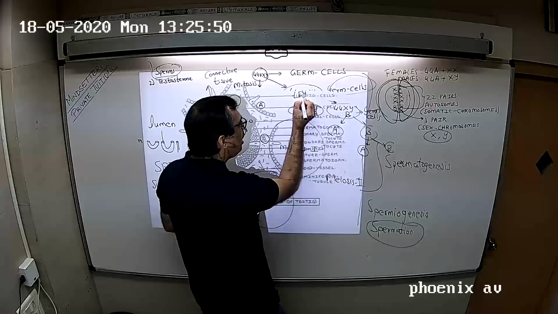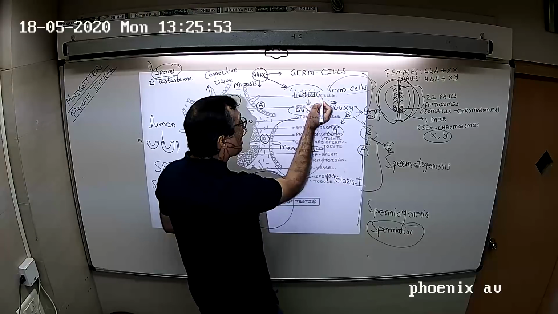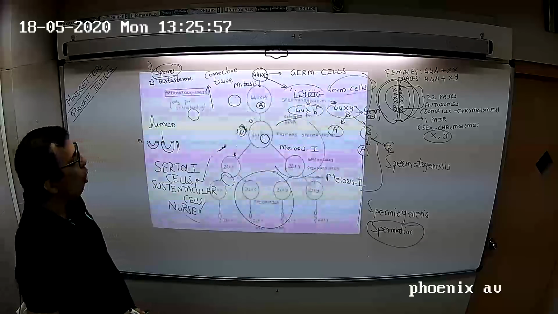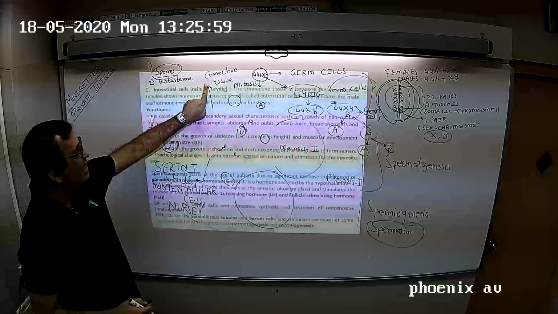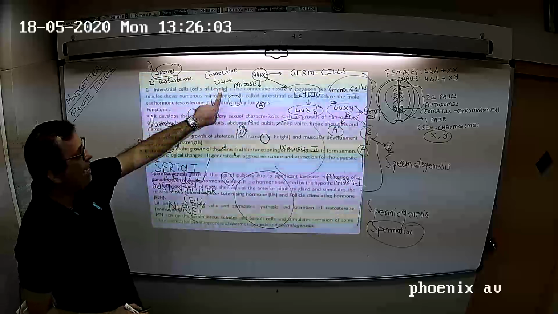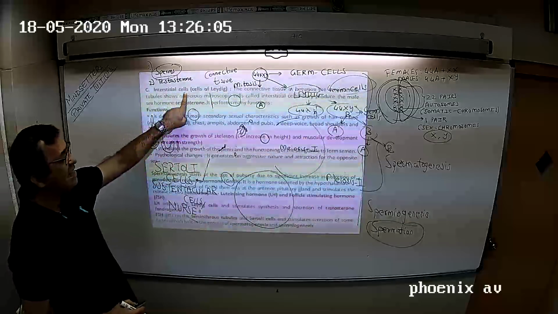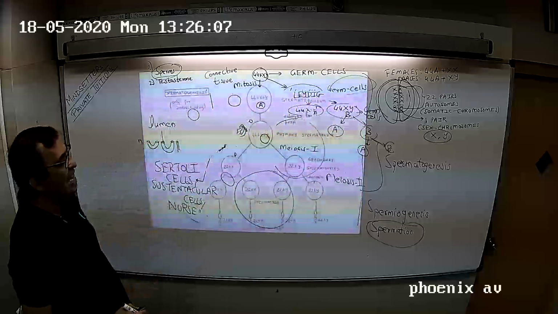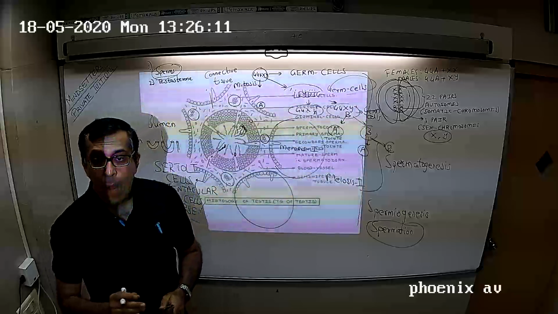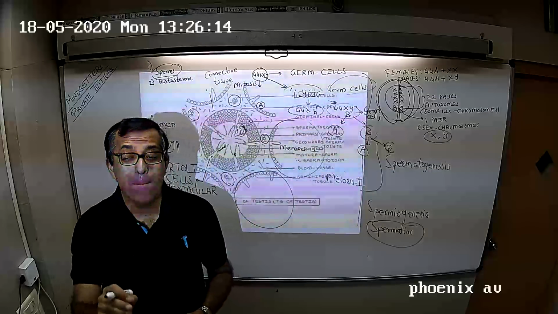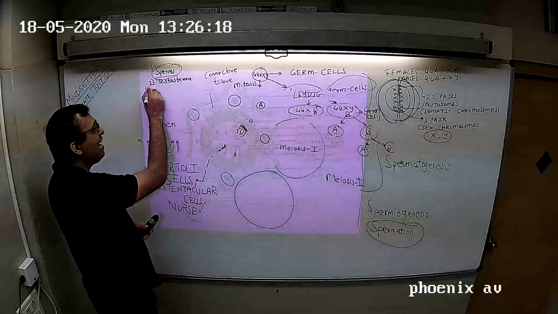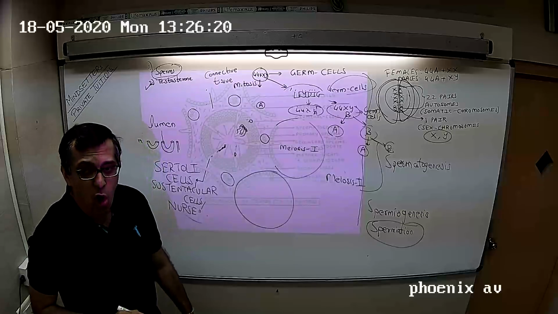These isolated groups of cells are called Leydig cells. What are these cells called? Leydig cells. Leydig cells are also called interstitial cells. What are Leydig cells also called? Interstitial cells. And Leydig cells or interstitial cells produce the male sex hormone called testosterone.